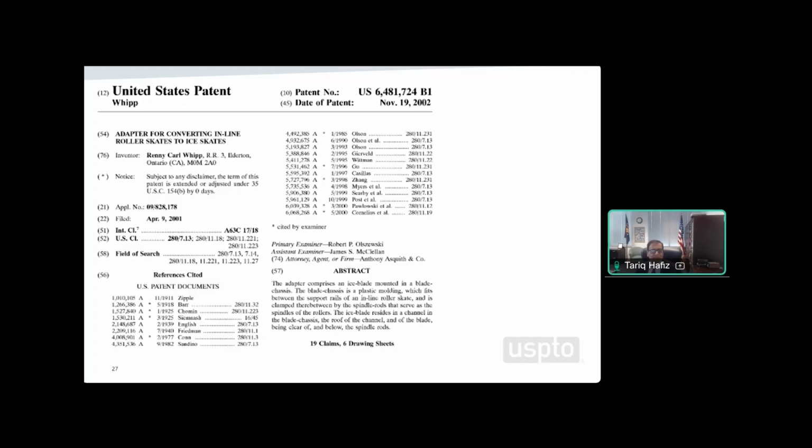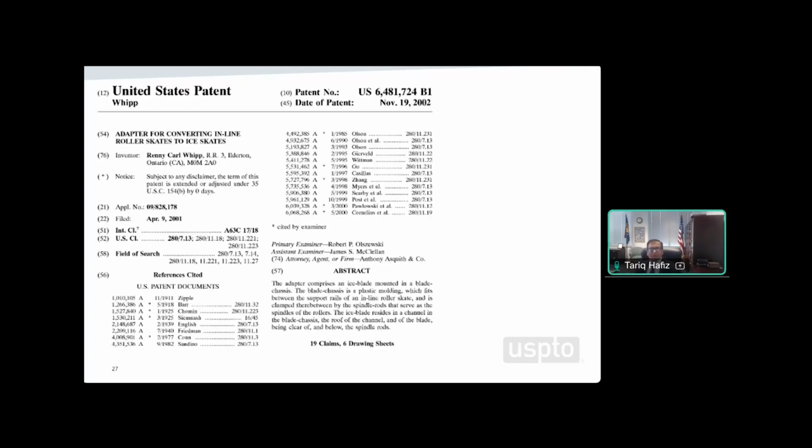An assistant examiner is still trying to earn that right. So you have two signatures, which means two people have looked at this before it issued as a patent. When you only have one name, that's a primary examiner who examined it and issued it on their own. There was no junior examiner working on it, so there was no oversight. This is also interesting because a lot of examiners are very proud of all the patent applications they've issued into patents. So it's a nice little tidbit that I wanted to throw in.